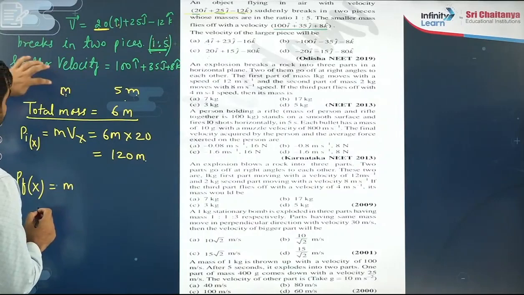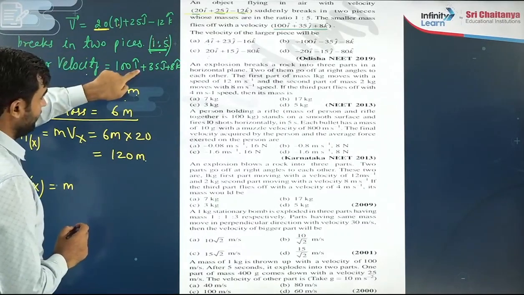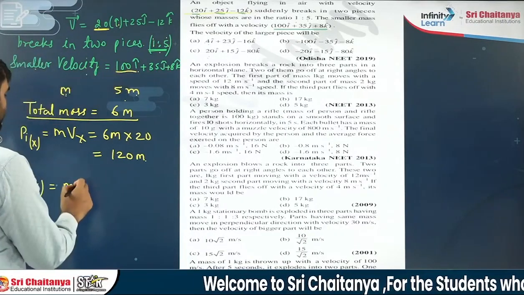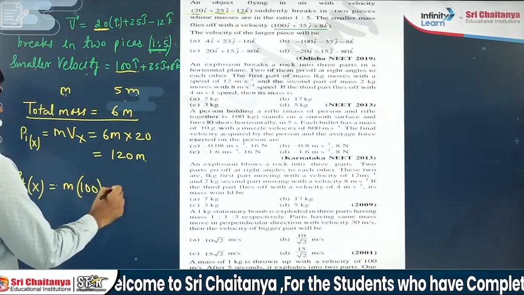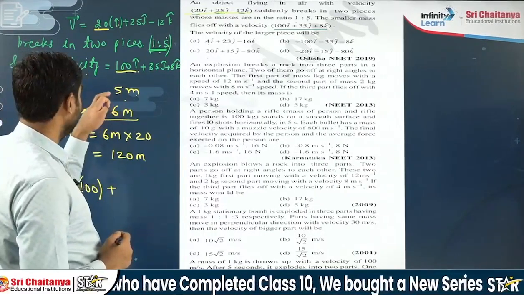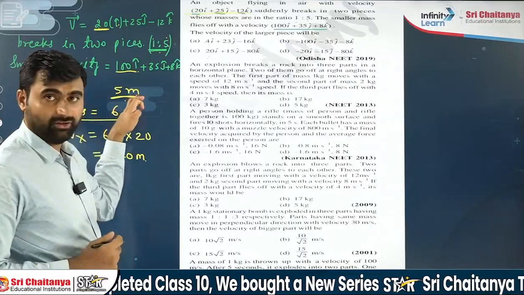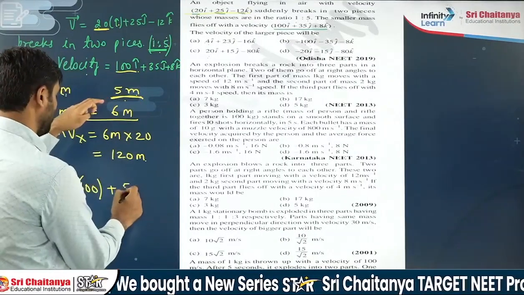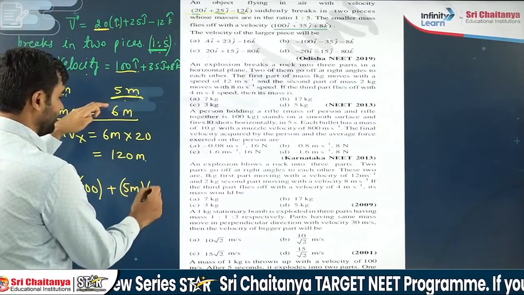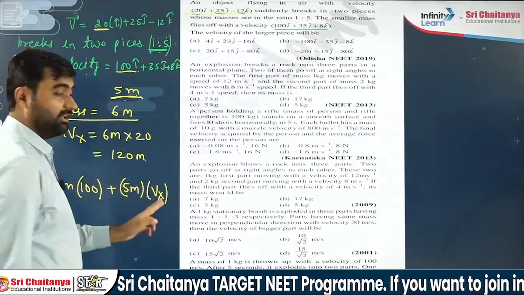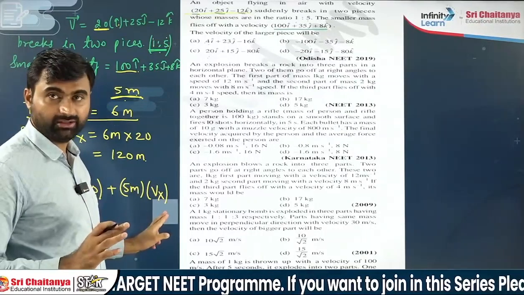Its velocity, the smaller mass velocity in x direction, how much? 100. Plus this second mass, which is larger, how much is it? 5m. So 5m into the velocity they are asking, the velocity in x. So we assume that it is vx.